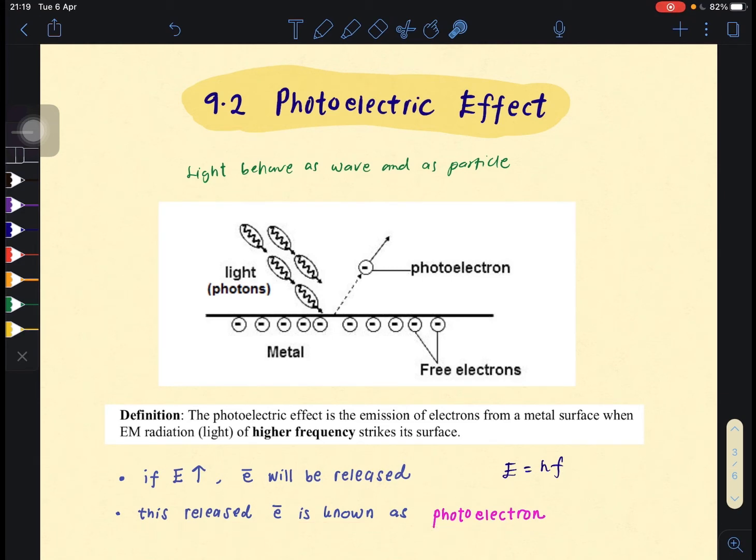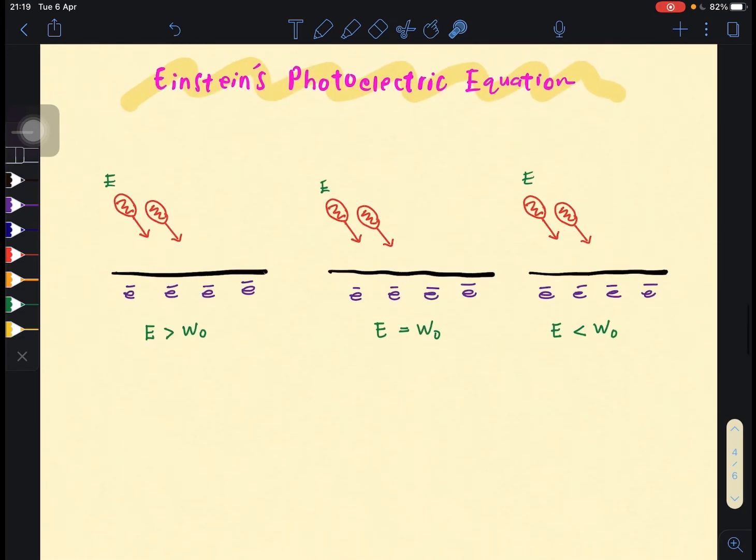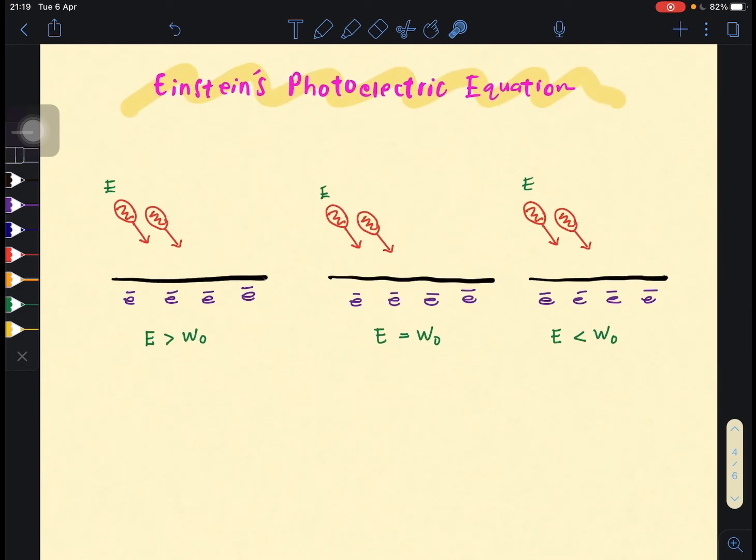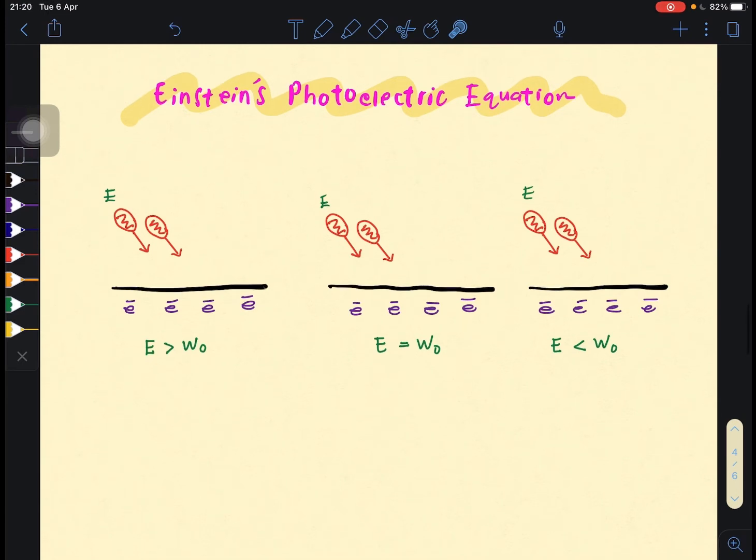So there must be a condition. Let's look at the Einstein photoelectric equation. The first condition is that the energy from the photon must be higher than the minimum energy of the electron. Here, W naught is called the work function.